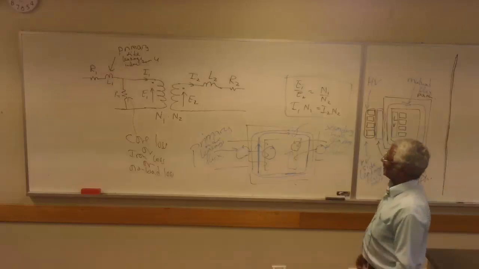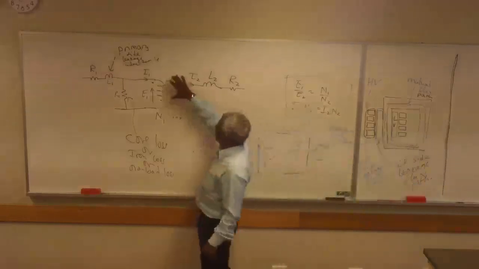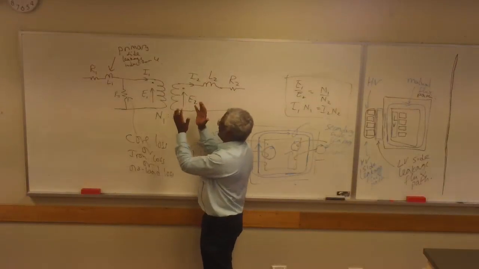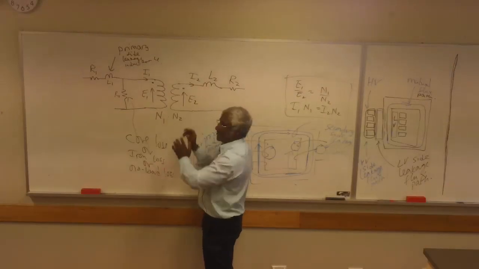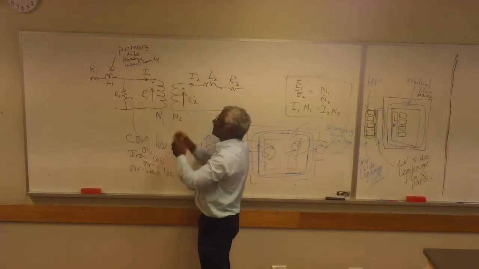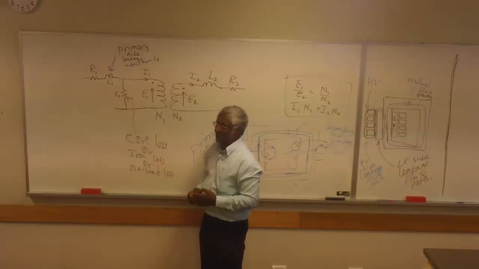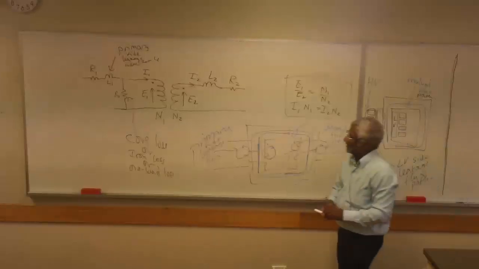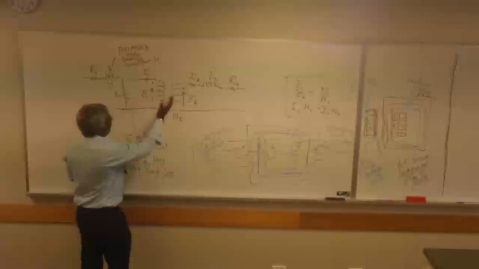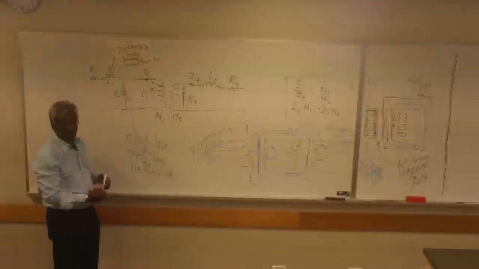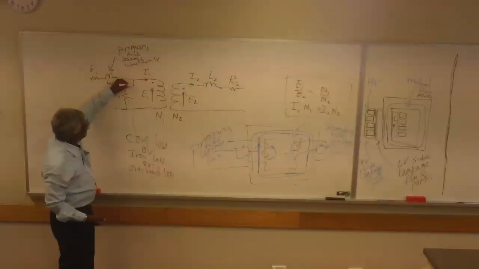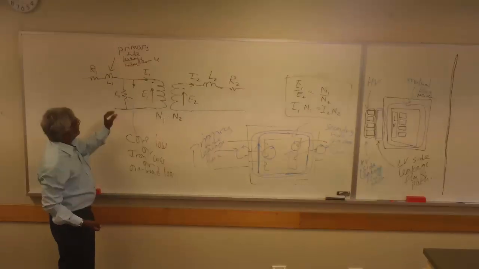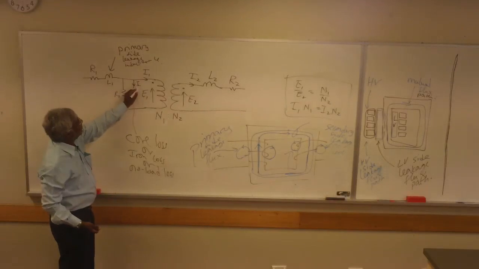So this transformer that we say is perfect has 0 magnetizing current, because it has a core of infinite permeability. So what we do is artificially say that we are telling a lie. This transformer is not really perfect. We say there's an additional current that will flow, and this additional current is the magnetizing current, which we normally call Im.